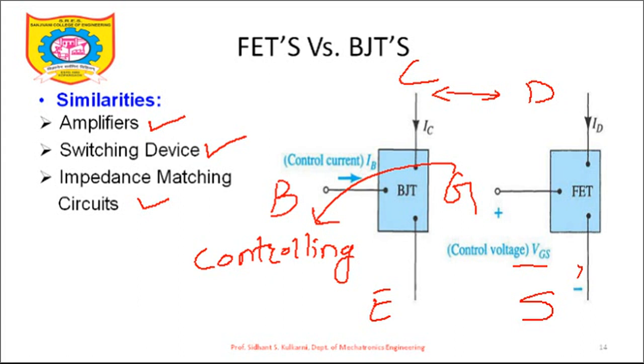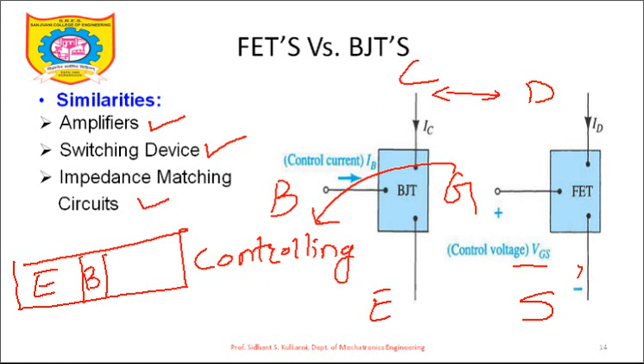Now if you do remember, base is a small region area wise, emitter is next to it, and collector is having the more region. If you just compare as far as doping concentration is concerned, base is lightly doped, emitter is moderately doped, and collector is heavily doped.